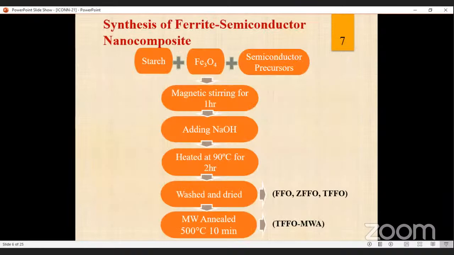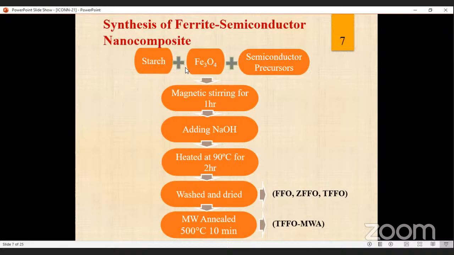Coming to the synthesis process, we have used starch, which is a biodegradable polymer and has an important place in the food industry, and it promotes green synthesis. We have already prepared the ferrite nanoparticles, and we have used these ferrite nanoparticles along with the semiconductor precursors, which can be for TiO2 and ZnO.